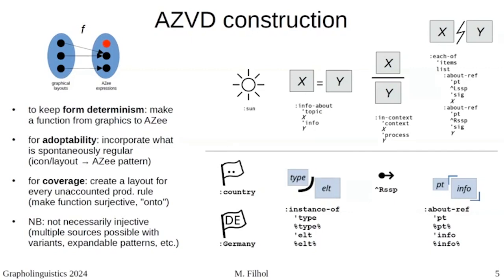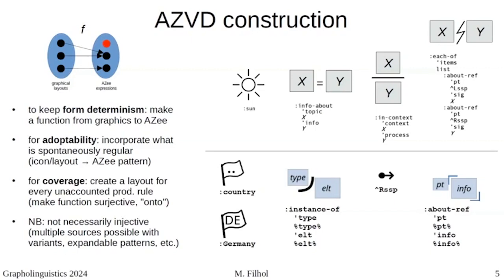We place X on the left, just like I demonstrated we could, place Y on the right, and that will serve as a context for the subsequent stuff. But there's only a few, I mean, there's quite a few, but only a few examples of these. That doesn't give us coverage of everything AZ can do. But I don't want to lose coverage, so that's what I'm saying here. Creating a layout for every unaccounted production rule.